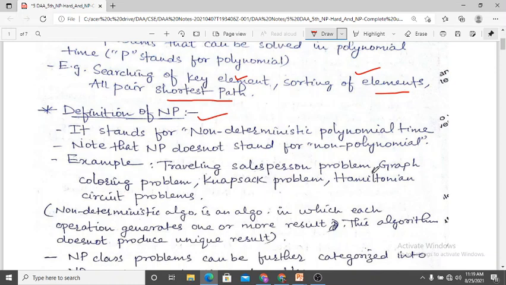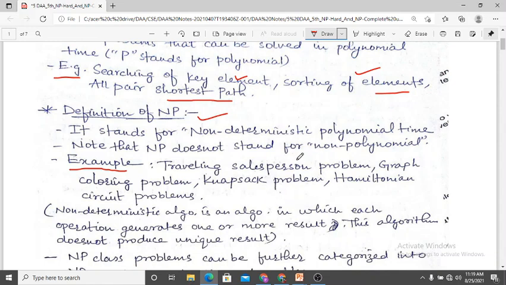Graph coloring problem, knapsack problem, Hamilton circuit problem, all these kinds of problems come under non-deterministic polynomial. Remember, polynomial examples are searching for a key, sorting, all pair shortest path problem, and non-deterministic polynomial examples are traveling salesperson problem, graph coloring problem, knapsack problem, Hamilton circuit problem.